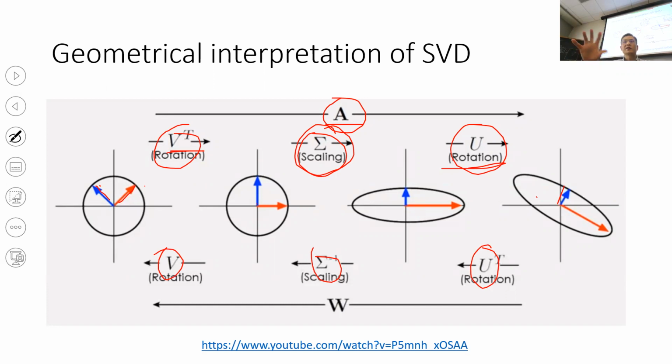So that's the geometric interpretation of SVD. SVD decomposes an input matrix into three components: two are doing rotation, and one is doing scaling.